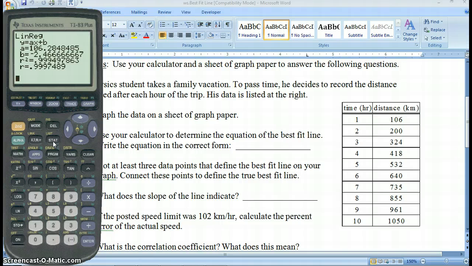Now, r-squared and r, those are really reserved for statistics classes. We're not really going to talk too much about the r-squared value. The more important is the r value. The r value is the correlation coefficient. The r-squared is, I believe, the coefficient of determination. But regardless, think of the r value, this correlation coefficient, as being a percentage.